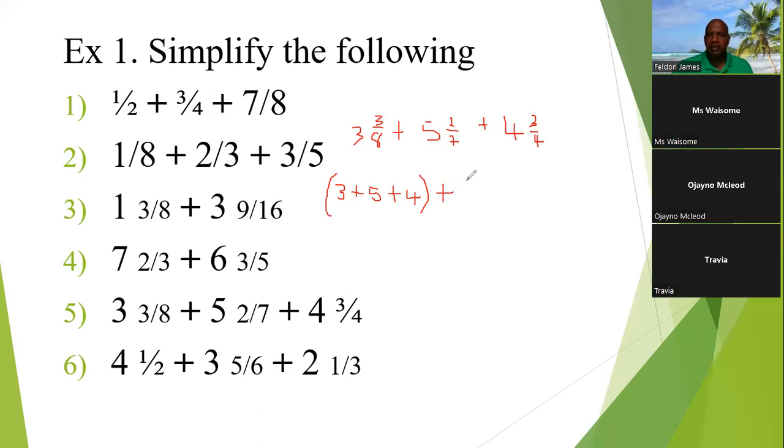Then we're going to add the 3 fractional parts. So we have 3/8 as the first one. The second one we have 2/7. And then 3/4.